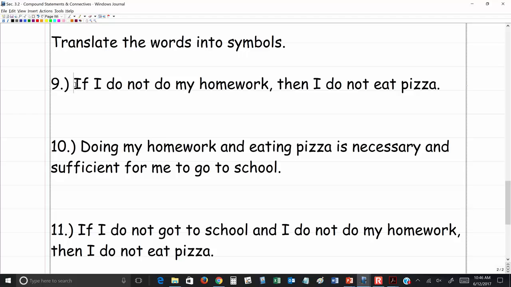Number 9 says, if I do not do my homework, then I do not eat pizza. Okay, so that's if not P, then not R. So, not P. Oh, whoops.